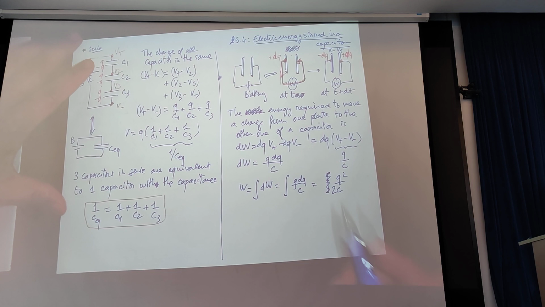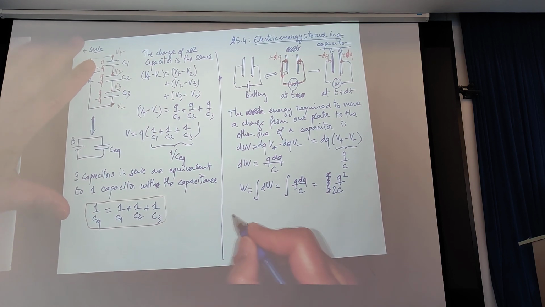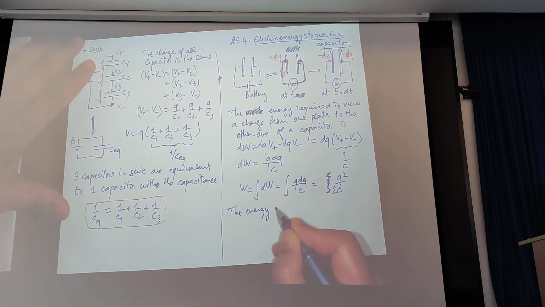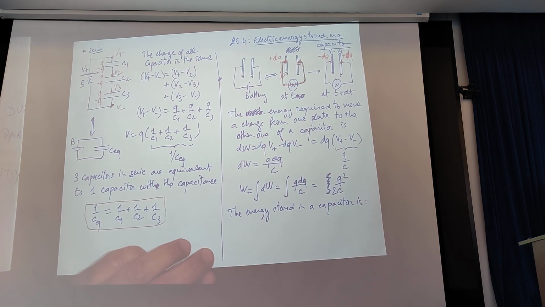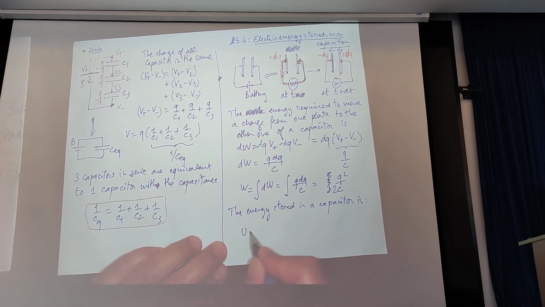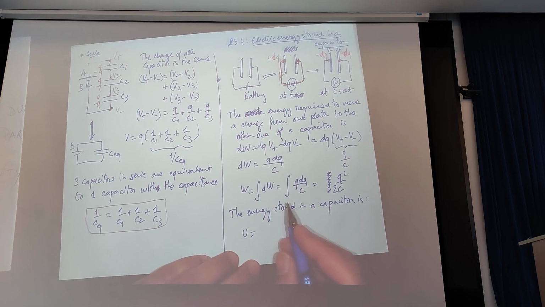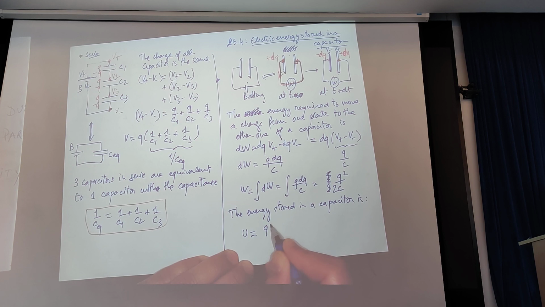So the energy stored, so conclusion, the energy stored in a capacitor is, so we can say U now, it's Q squared over 2C.